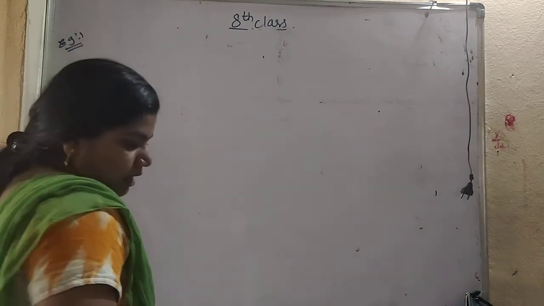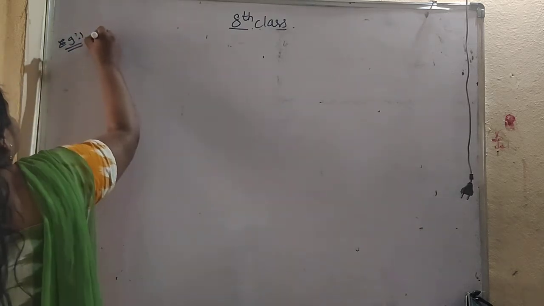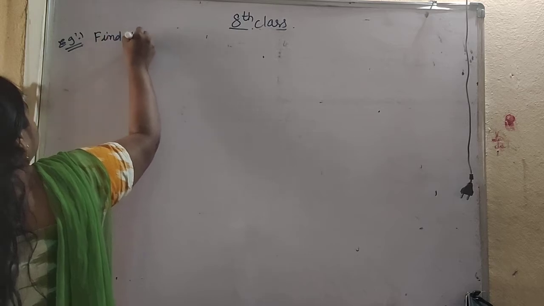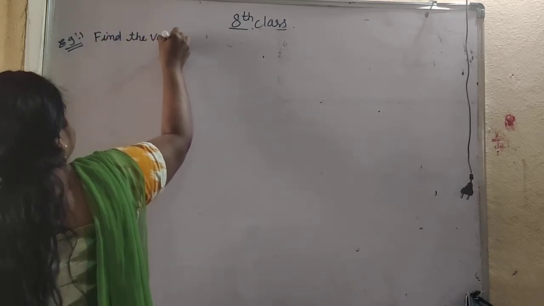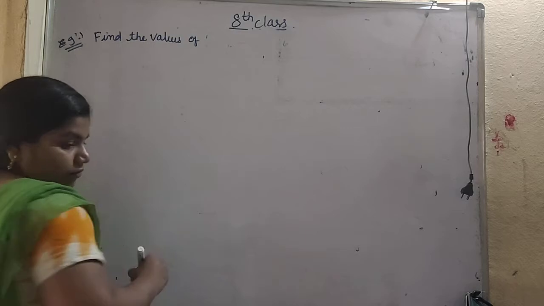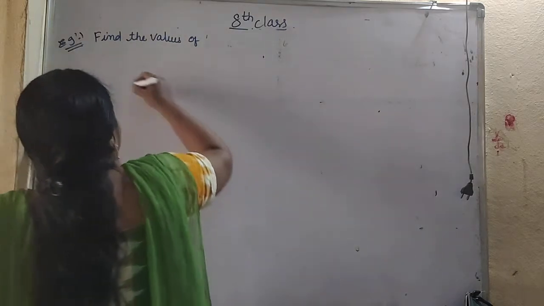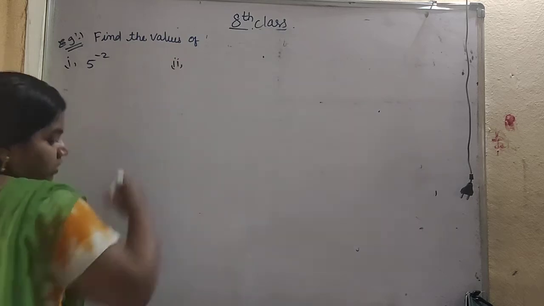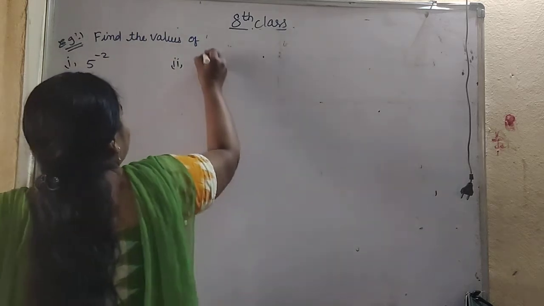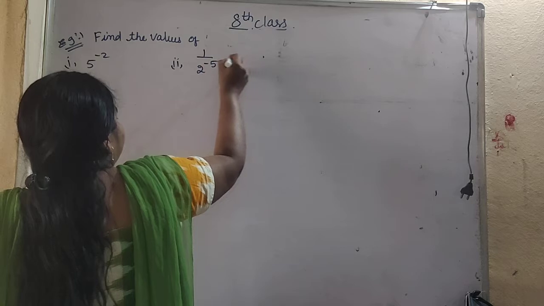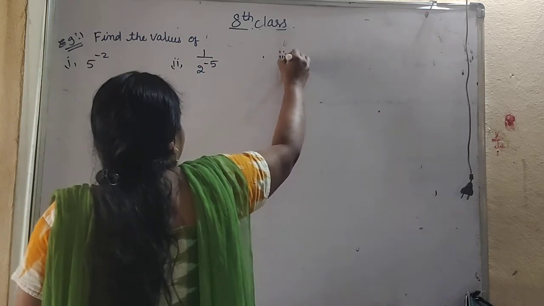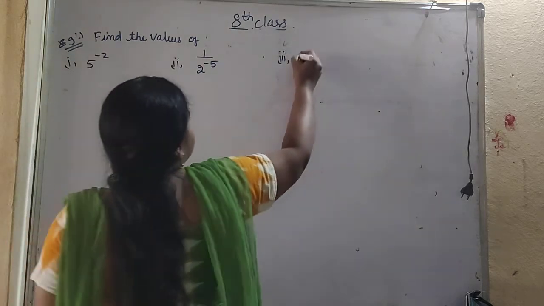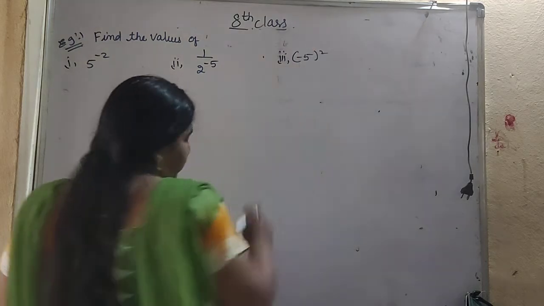So what is the first example? Find the values of: first one 5 power minus 2, second one 1 by 2 power minus 5, and third one is minus 5 whole square.